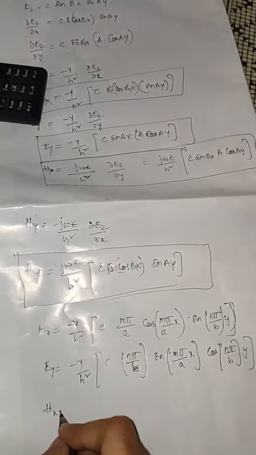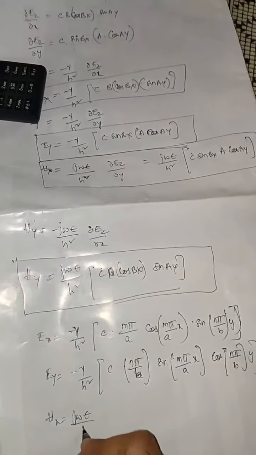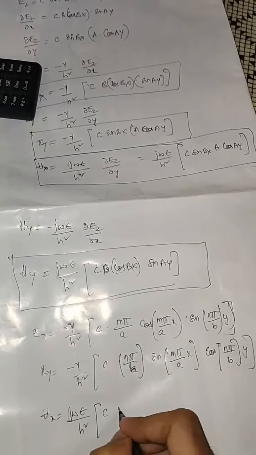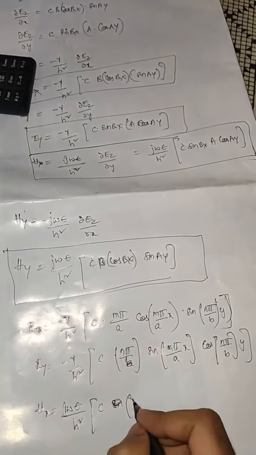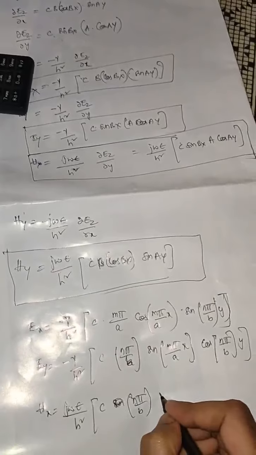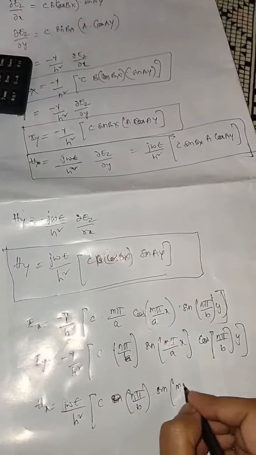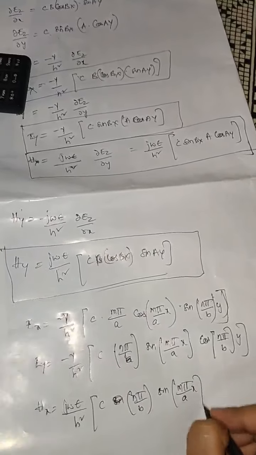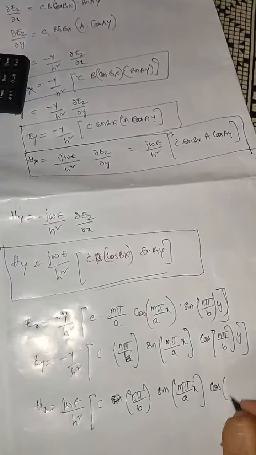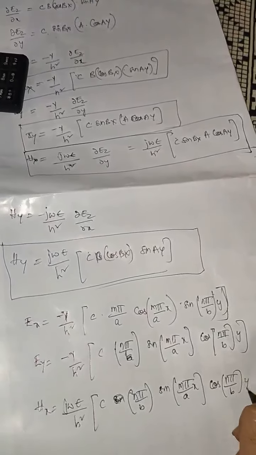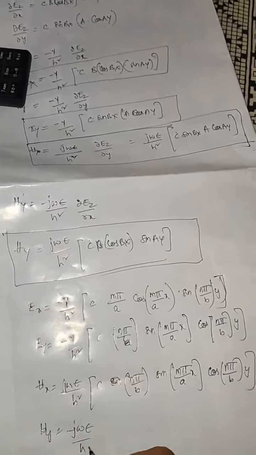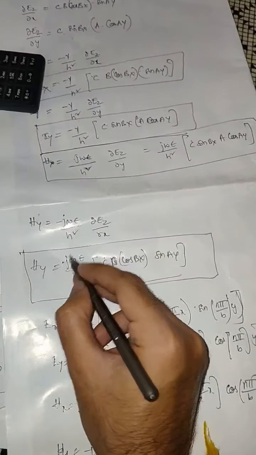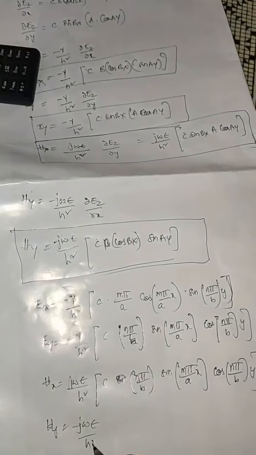So Hx is equal to j omega epsilon by h square C, sin of, which is nothing but a here, a is n pi by b, sin of m pi by a x, cos of n pi by b y. Similarly Hy is equal to, here there is a negative, why? Because here it is negative.